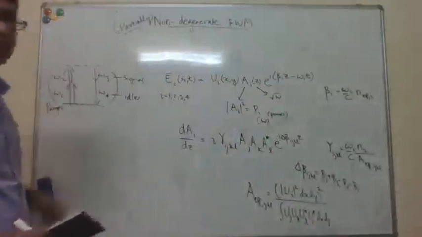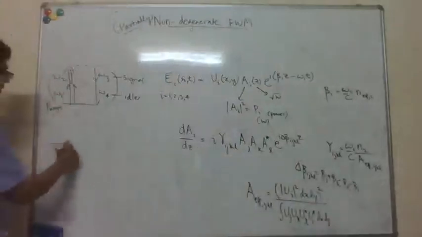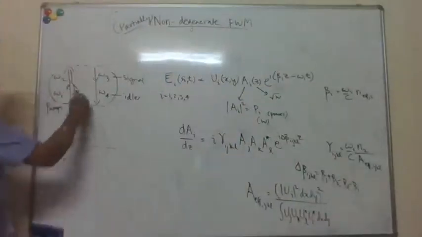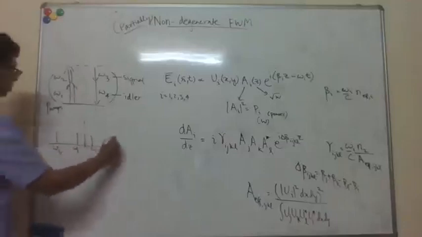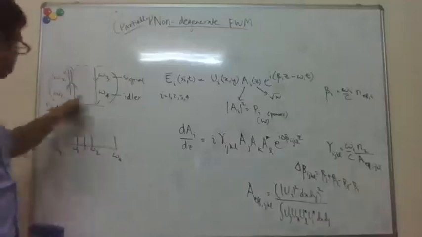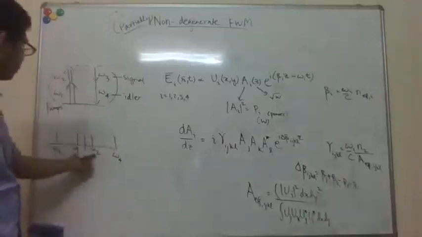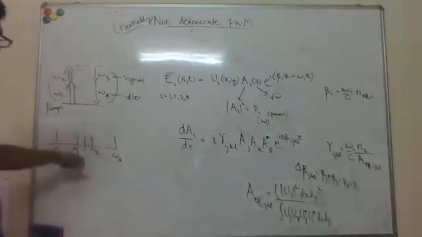But typically these interactions are done most efficiently when... If you look at the frequencies here, as we discussed, they are distributed about some center frequency. Omega 1 plus omega 2 has to be equal to omega 3 plus omega 4, which means the average of omega 1, omega 2 is the same as omega 3 and omega 4.